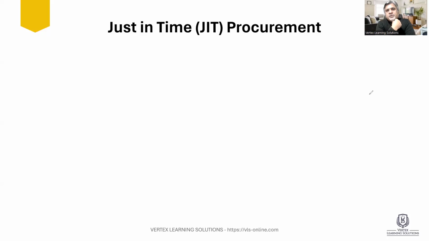Now, Toyota Motor thought of this idea and they implemented it successfully. And I'm telling you a little bit of history to develop your understanding. And they did it very successfully.